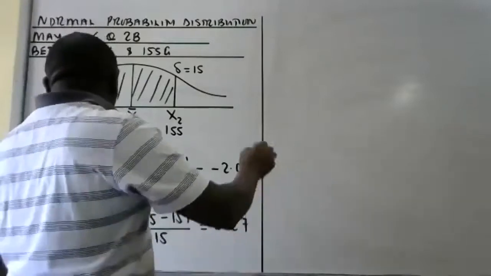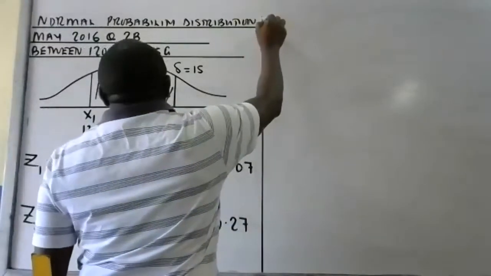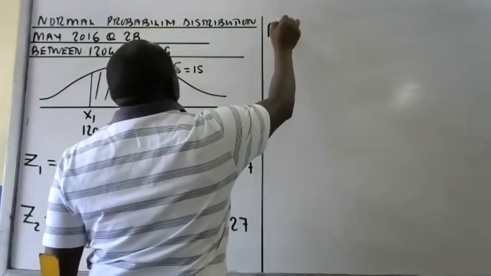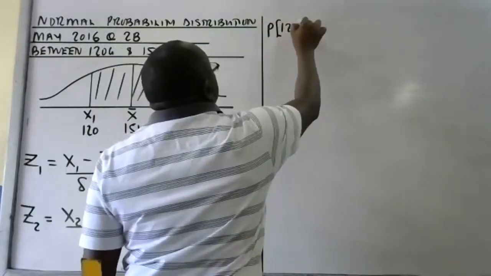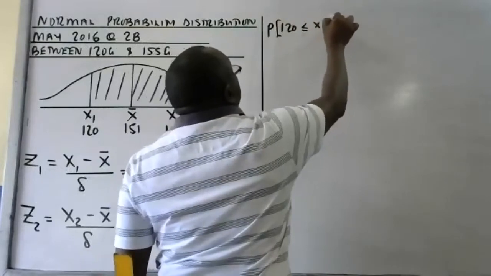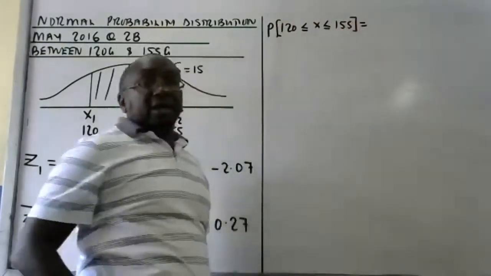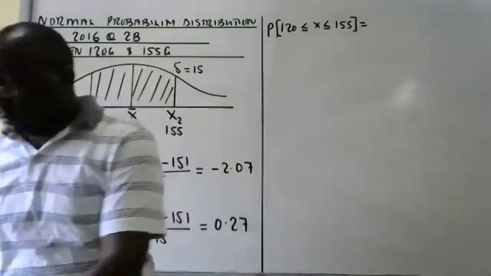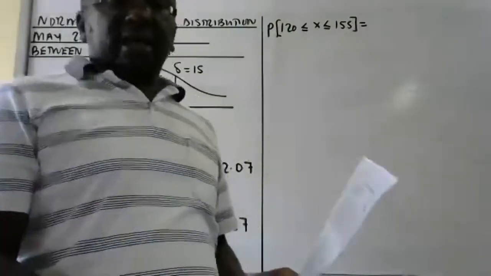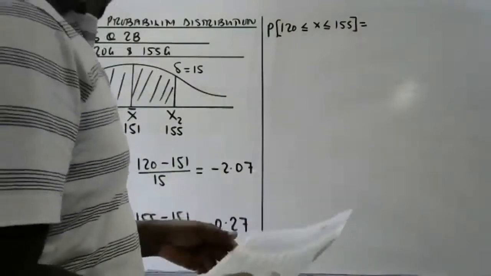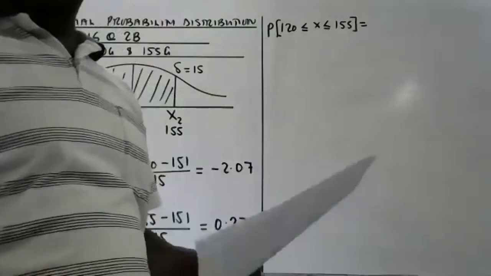So from the tables, probability that we are between 120 and 155 is equal to, so once again, as I have told you, you go to your table here. You first of all read this one, 2.07.